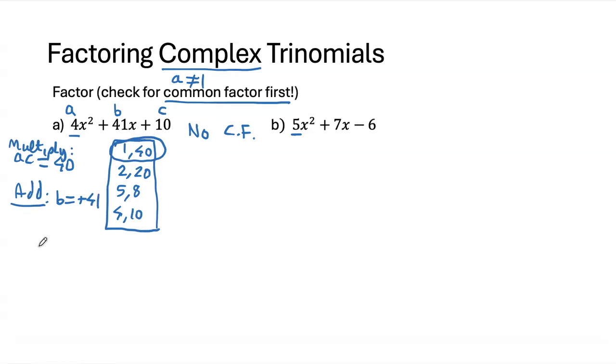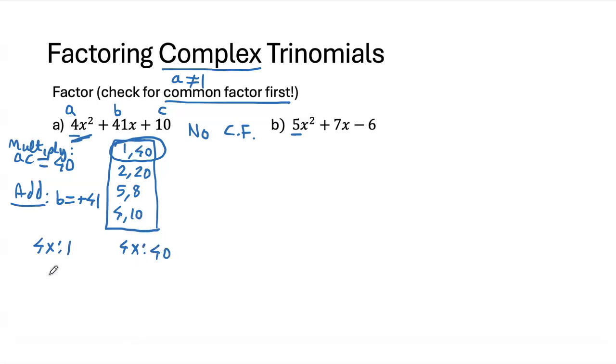I'm going to think about 2 ratios. Both ratios are going to start with 4x. And I get the 4x from the 4x squared. So you have 4x to 4x, and then you put the 2 numbers you came up with, 1 and 40.